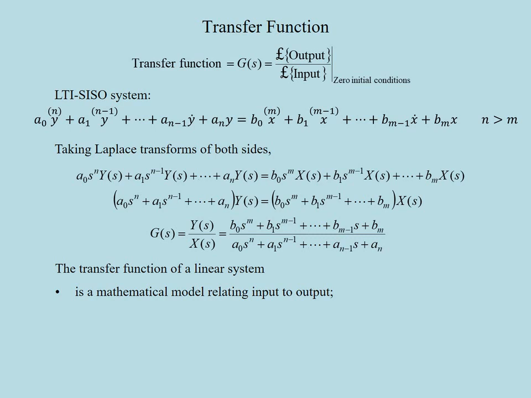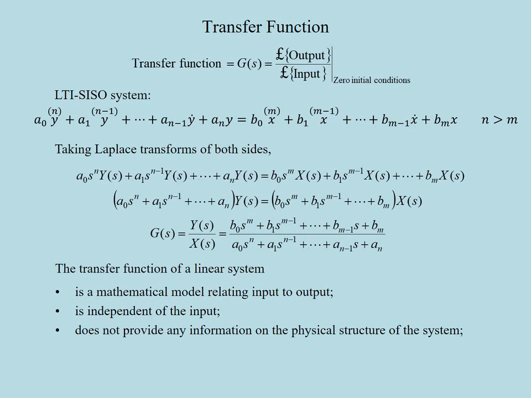Note that the transfer function we have denoted as G(s) is independent of the input. It does not provide any information on the physical structure of the system. That is, we do not know whether the transfer function above is referring to a mechanical system or electrical system or a thermal system, for example.